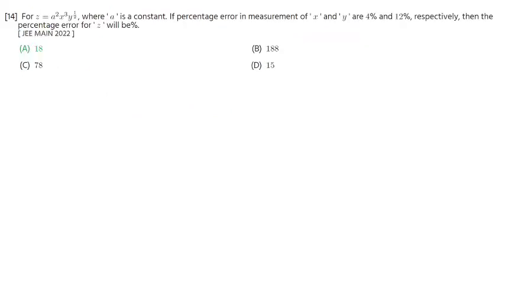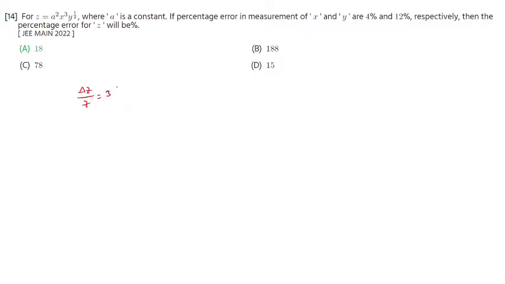Next question. If z is equal to a square x cube and y power 1 by 2, where a is a constant, if percentage error in the measurement of x and y are 4% and 12% respectively, then the percentage error in z value. Okay, this is similar to the previous question. So here a is a constant, so no need to worry about that.